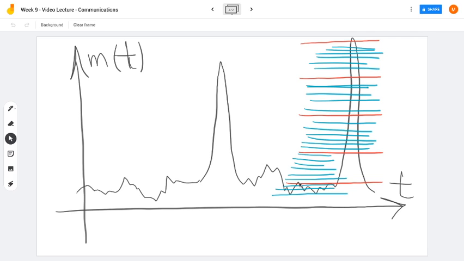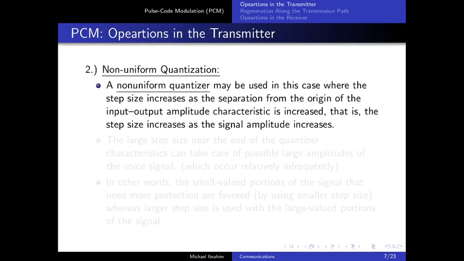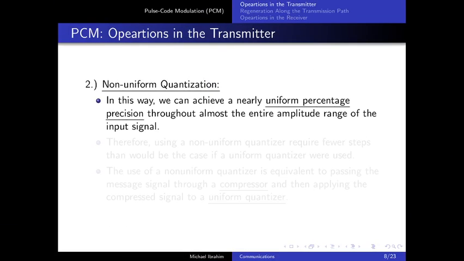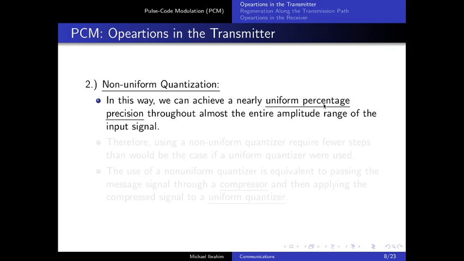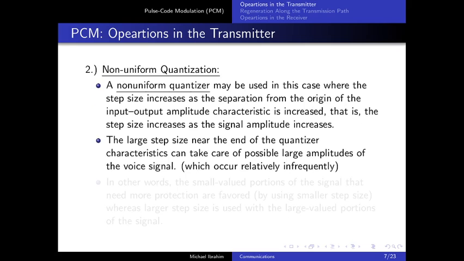And here we can approximately achieve the so-called uniform percentage precision, which is basically a ratio between the signal amplitude and the step size. Larger amplitudes, larger step size; smaller amplitudes, smaller step size, and in this case the ratio between the amplitudes and the step size is almost uniform across all the amplitude range.